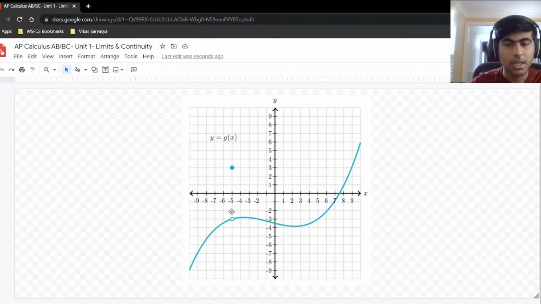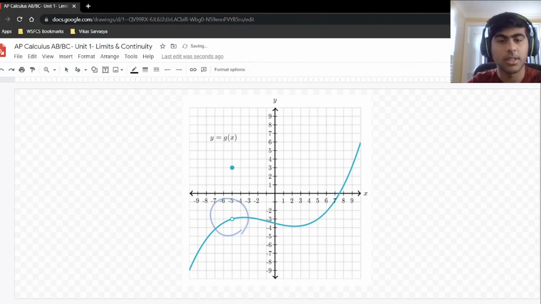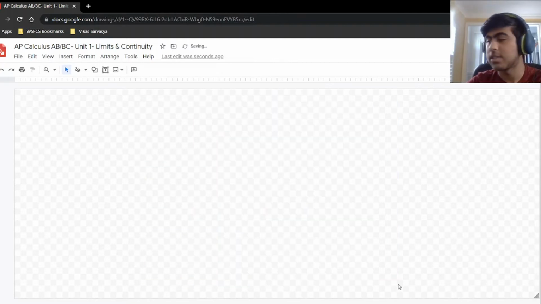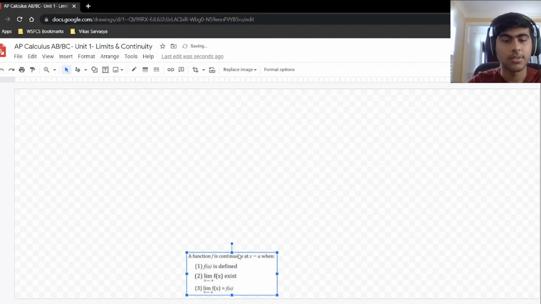You might be tempted to say yes, because the curve doesn't jump from one place to another, but there's also this hole right here, and the actual value is up here. And that makes this discontinuous. It's not continuous. And then we can see how we can determine if something is continuous or not using three pretty simple rules.